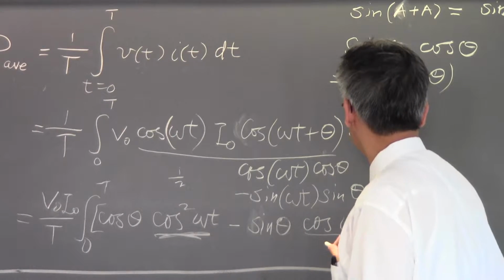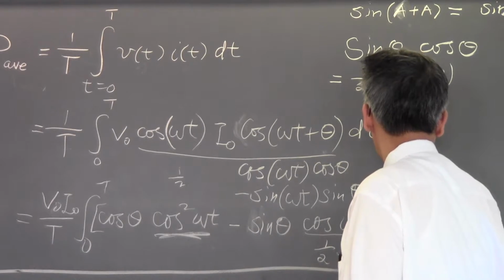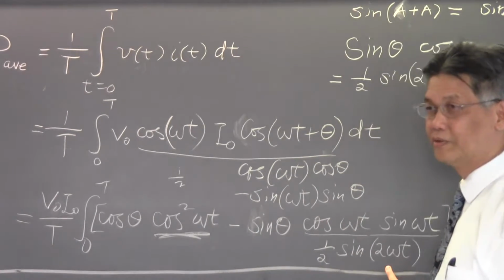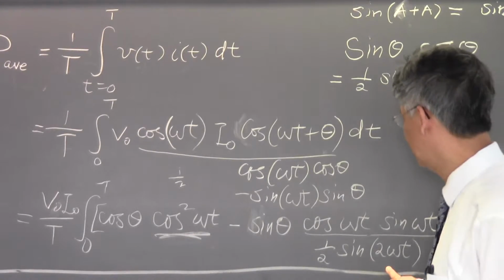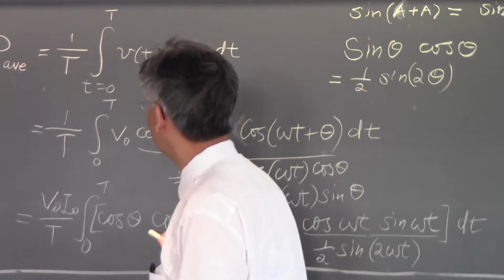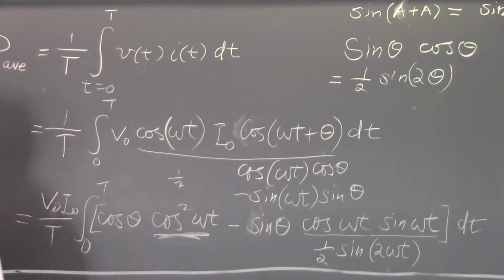Hence I can combine this into half of sin 2ωt, which means that the frequency of this term has doubled. Actually, the frequency of this term has also doubled if you use this identity. That's why you see this.